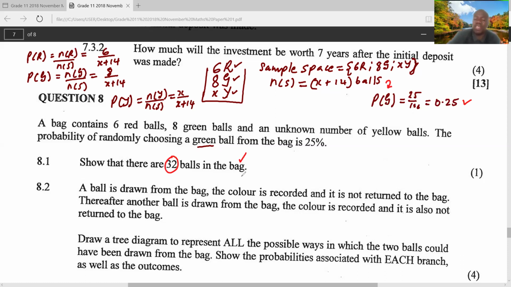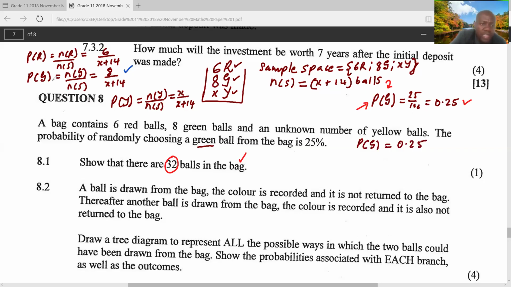But what are we given here? We're given the probability of green. We're told that the probability of selecting a green ball is 25%. But we already have this information, so we're going to say, okay, fine. The probability of green is given to be 0.25.